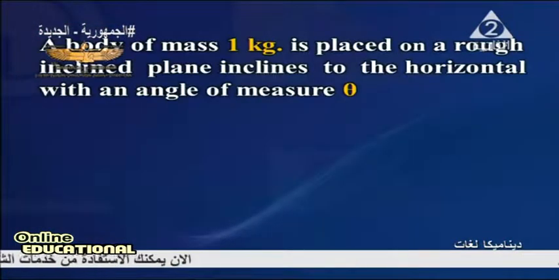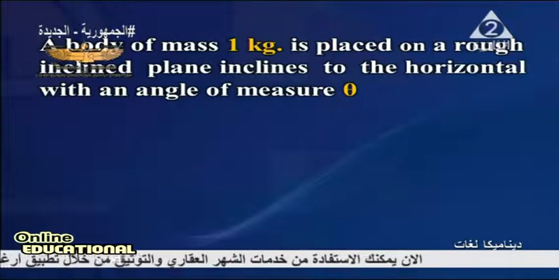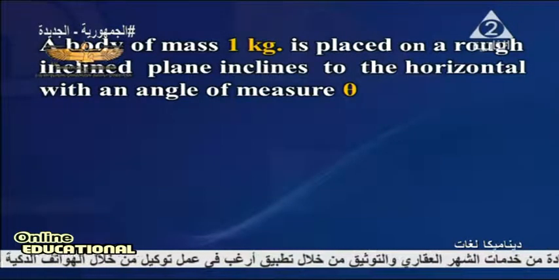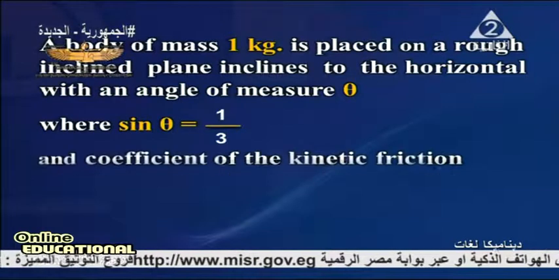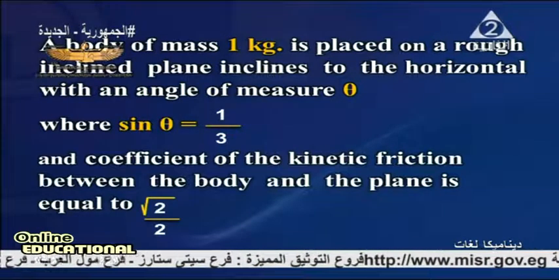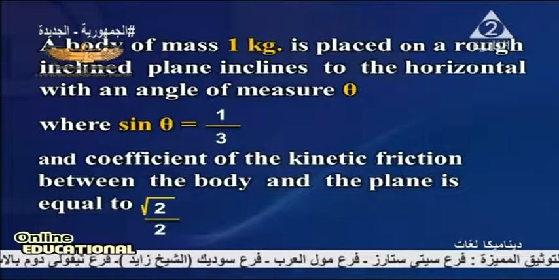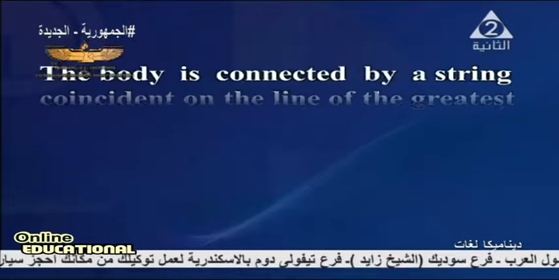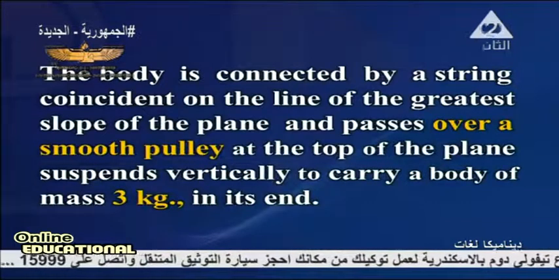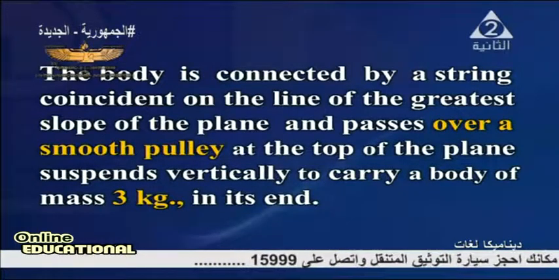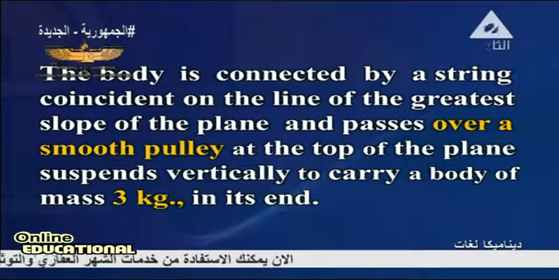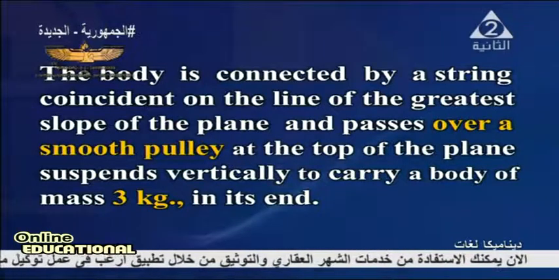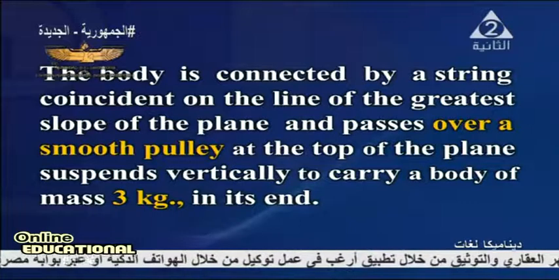Another example. A body of mass 1 kilogram is placed on a rough inclined plane inclined to the horizontal with an angle of measure theta, where sine theta equals 1 over 3, and the coefficient of kinetic friction between the body and the plane is equal to root 2 over 2. The body is connected by a string coincident on the line of greatest slope of the plane and passes over a smooth pulley at the top of the plane, suspended vertically to carry a body of mass 3 kilogram at its end.